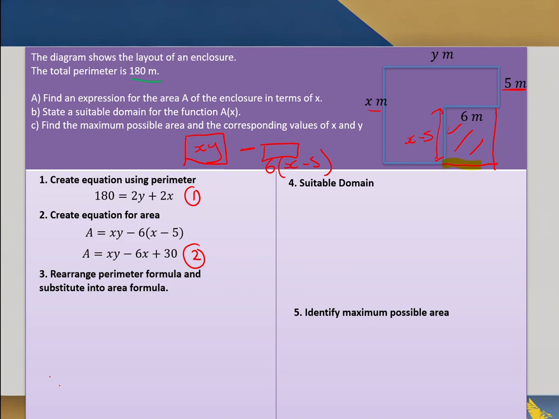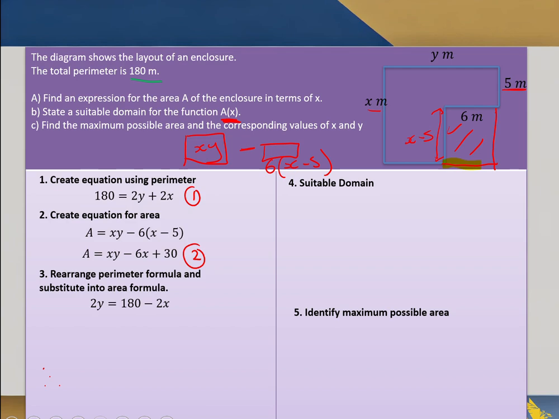So now we are going to put y in, and we're then going to have an equation in terms of x. With the perimeter, the first thing I would be doing is taking 2y to the other side and keeping it by itself.